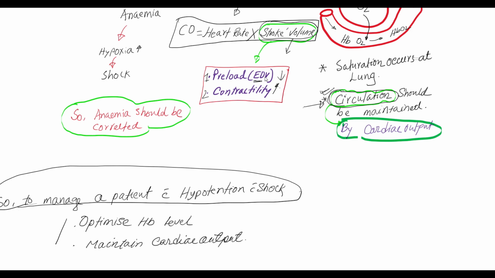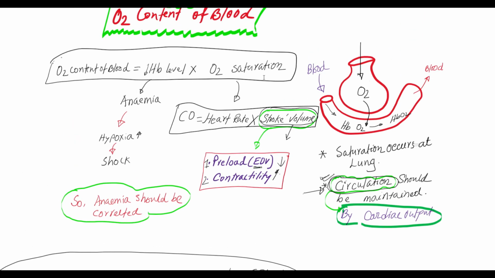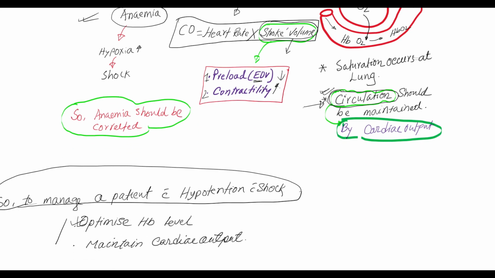So to manage a patient with hypotension and shock, what should you do? Number one, optimize the hemoglobin level. If you see that the patient is moderately to severely anemic, then you should go for blood transfusion. And number two, if you see that the cardiac output is not maintained, then you should take measures to maintain the cardiac output by increasing the contractility and by increasing the preload.